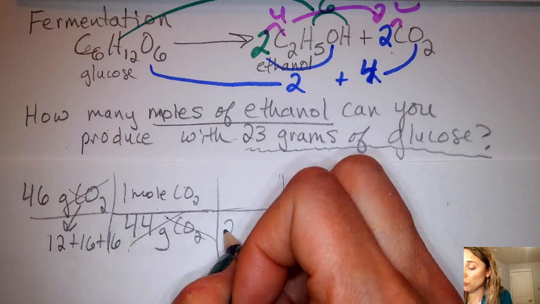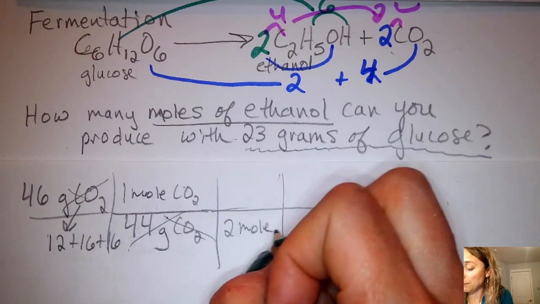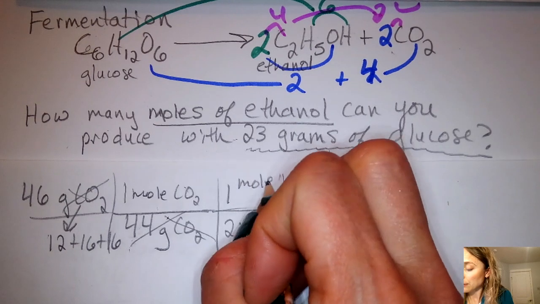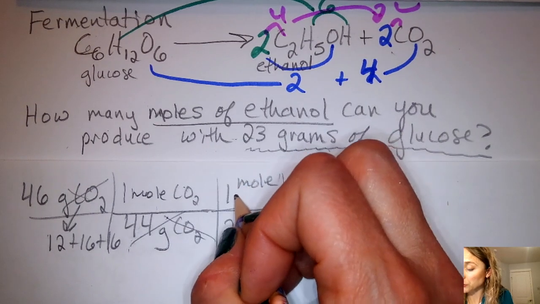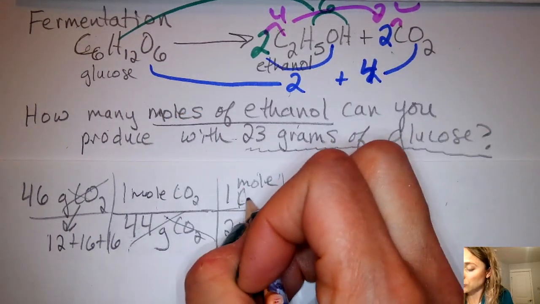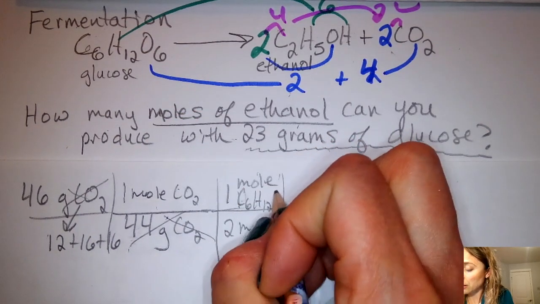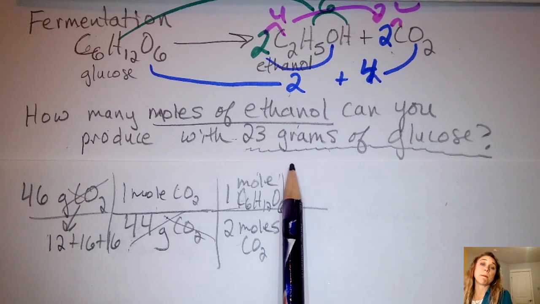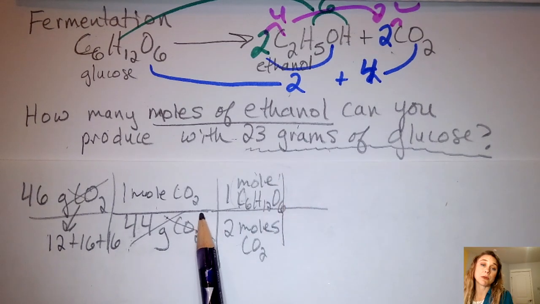Okay, so put the 2 moles of CO2 on bottom because we want to get rid of those units, and put the moles of glucose, C6H12O6, on top. And then if we calculated this it would give us moles of glucose.